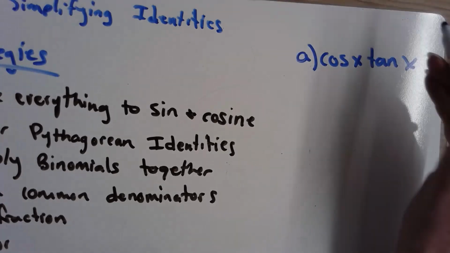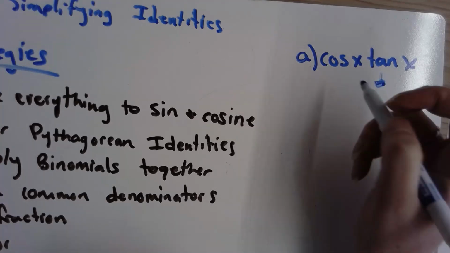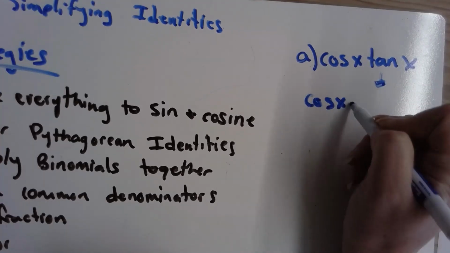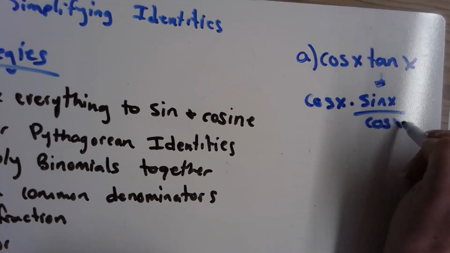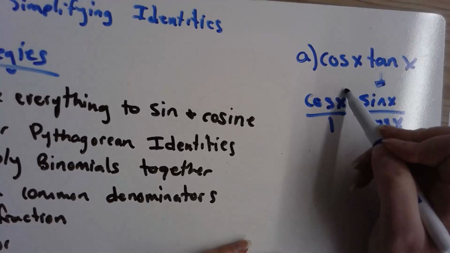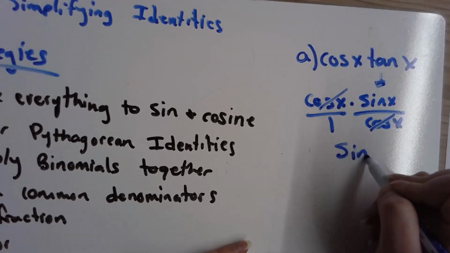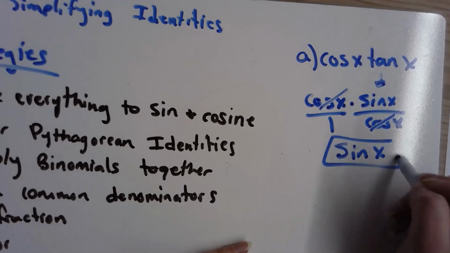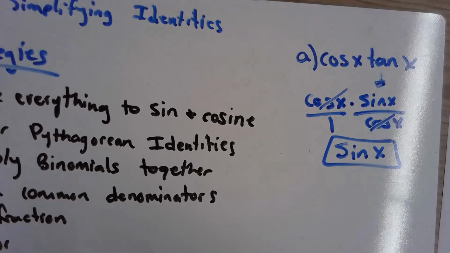So first, using our first strategy to change everything to sine and cosine, we're going to say cosine x times sine x over cosine x. What this allows me to do is then simplify out the cosine. So my answer is just sine x. So that's a very simple simplification.